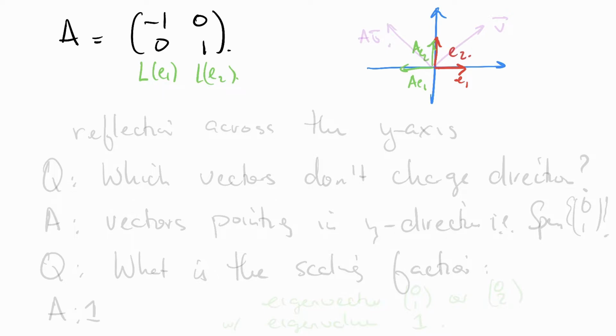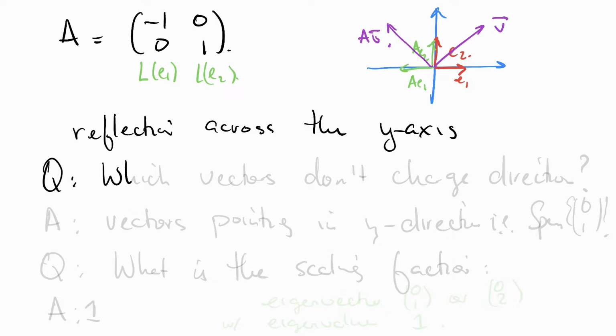Okay, what does this tell us? This tells us that our linear transformation is reflection across the y-axis. So if we had another vector, say this purple vector, it would be reflected across the y-axis. All right, now that we know what this linear transformation is, let's think about it geometrically.